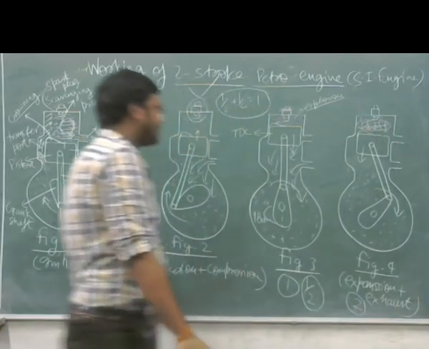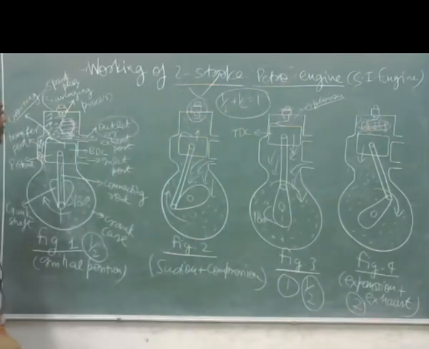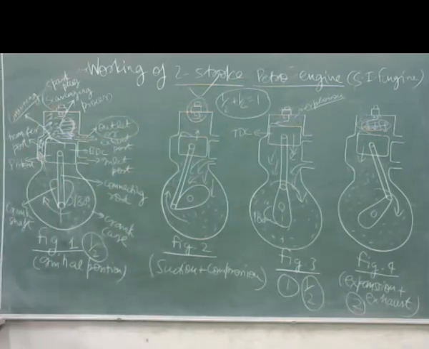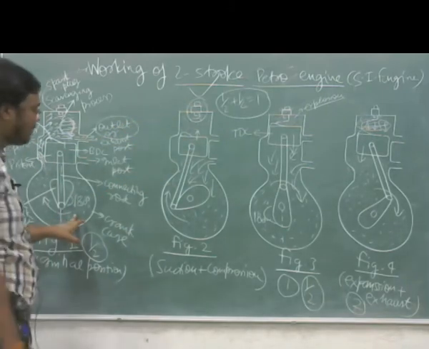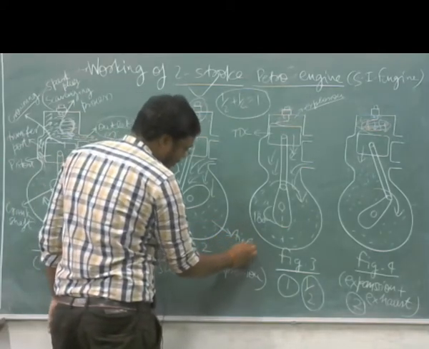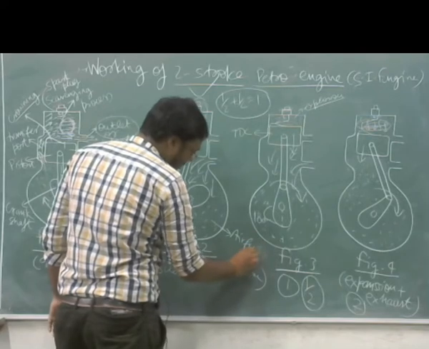And the second thing we have to do is, in the place of fresh air, we have to put an air fuel mixture. For the petrol engine, we need an air fuel mixture.